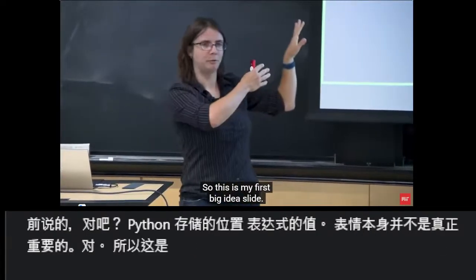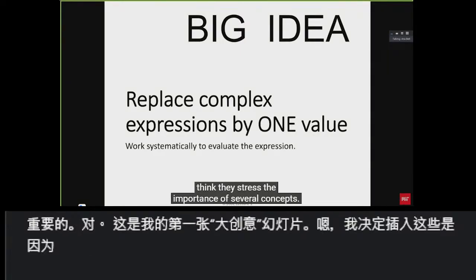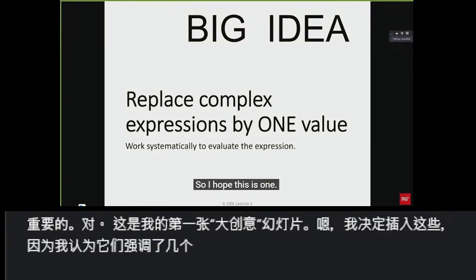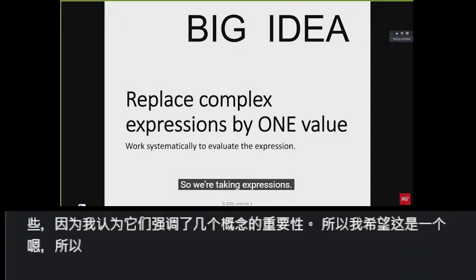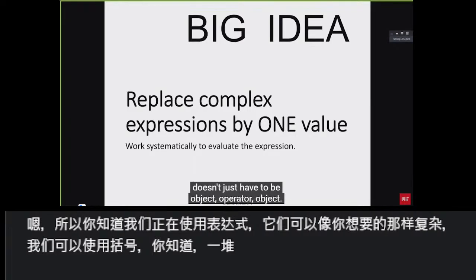So this is my first big idea slide. I decided to insert these because I think they stress the importance of several concepts. So I hope this is one. We're taking expressions. They can be as complex as you'd like. We can use parentheses, and it doesn't just have to be object, operator, object. It can be more complex than that.